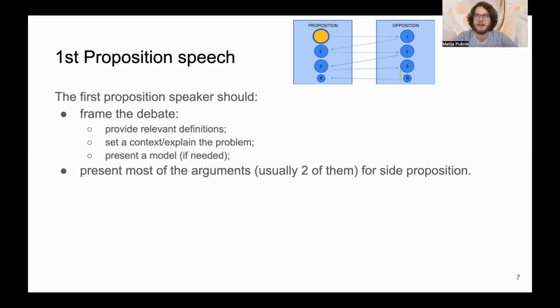For instance, if we say this house believes in the existence of evil, there is no model necessary. However, if you say this house would introduce civil conscription, suddenly you require some model to explain how civil conscription would work.